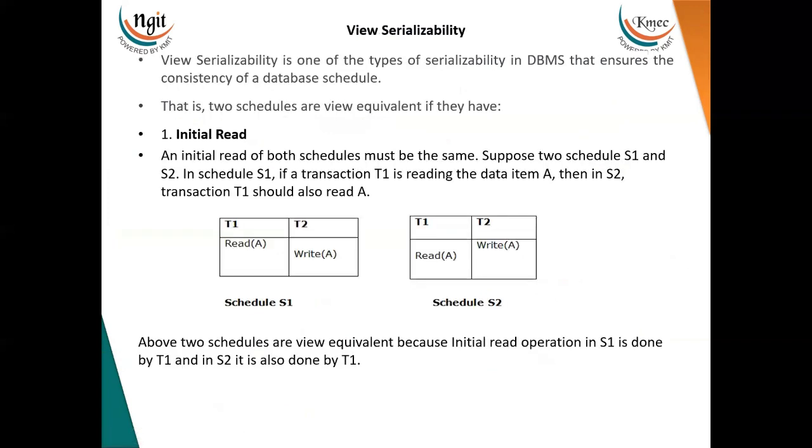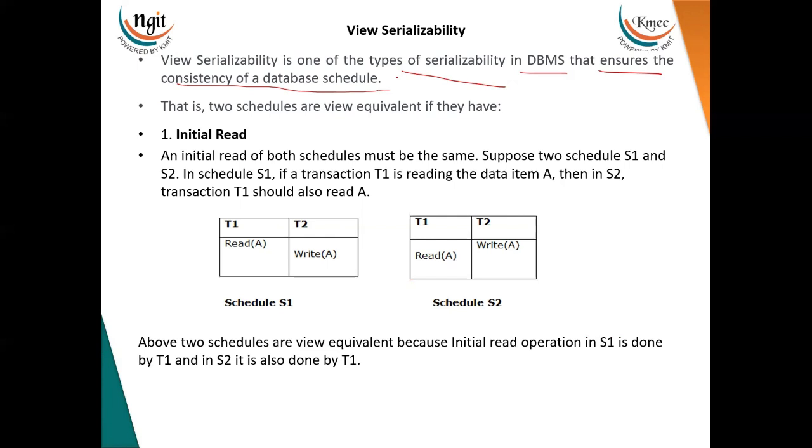Now let us see what is view serializability. In the previous slide, we learned what is conflict serializability, and now you are going to see what is view serializability. This is the other type which we have in the serializability concept. Firstly, view serializability is one of the types of serializability in database management system that ensures the consistency of database schedule.